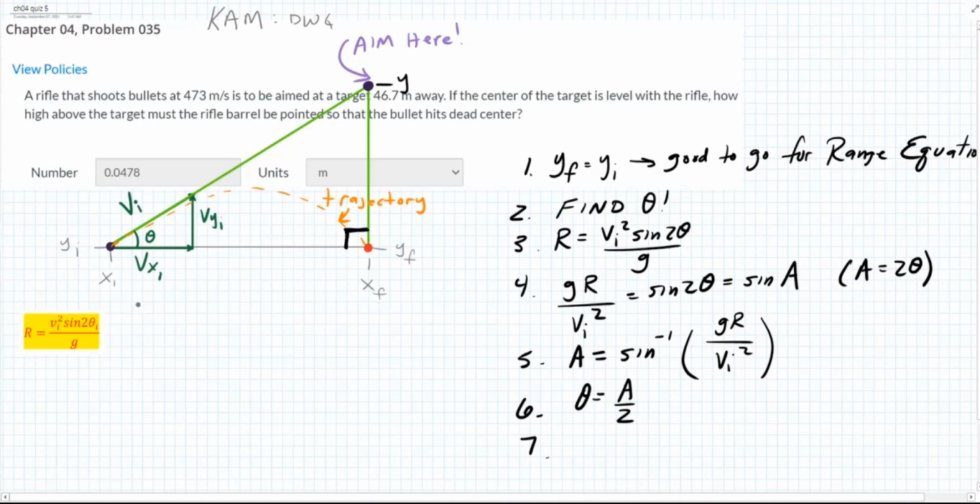This leg of the triangle right here is 46.7 meters. For me, this angle is going to be whatever you get from step 6. Solve for y. Okay, let's do that.